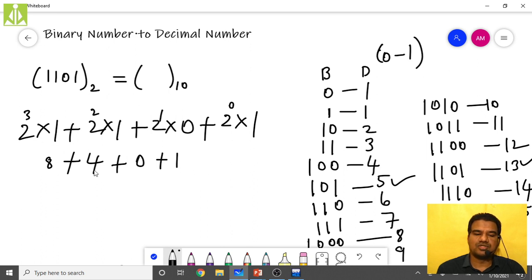So 8 plus 4 is 12, plus 1 is 13. We got 13.